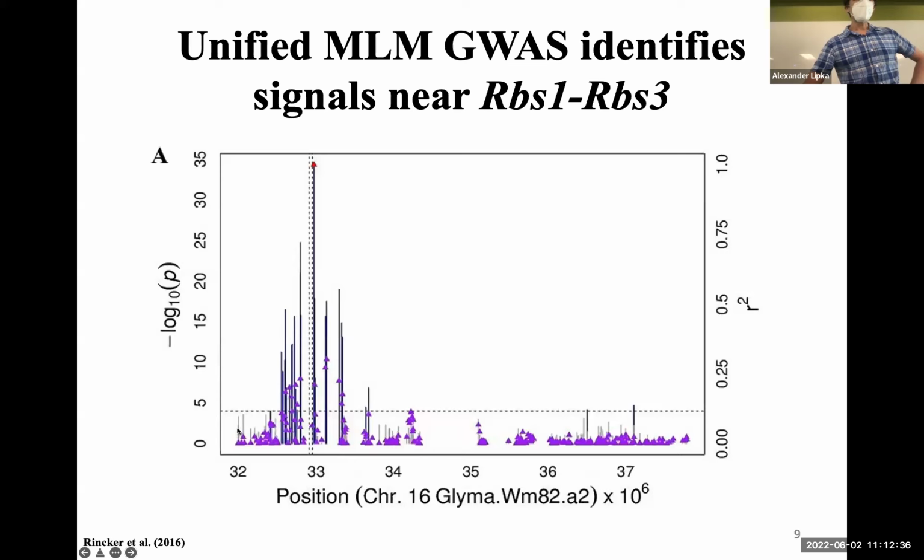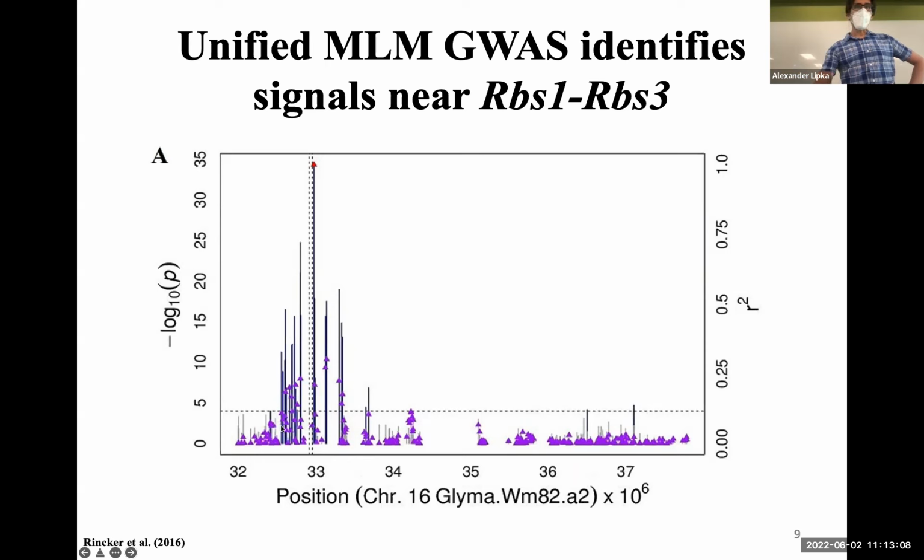Wherever you see these vertical lines, those are negative log base 10 p-values, okay? So the taller the line is, the stronger the statistical association between that SNP and that trait. And FYI, this horizontal line is our Benjamini-Hochberg 5% FDR threshold.